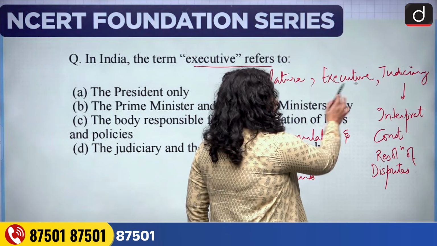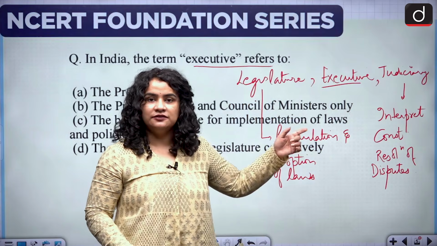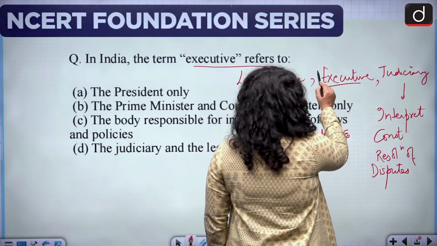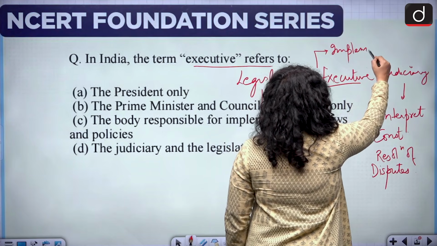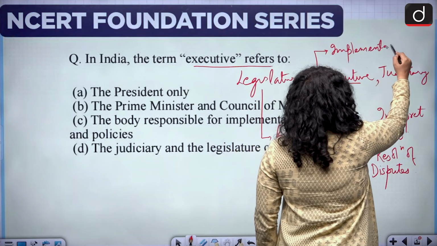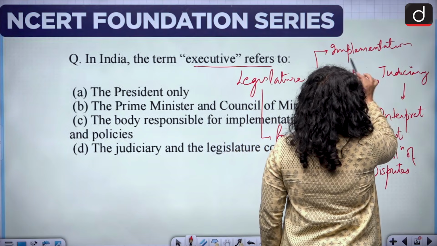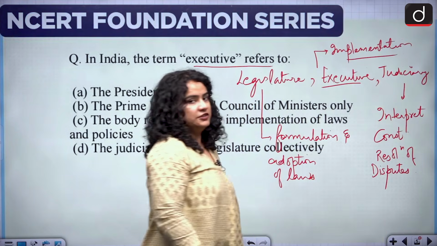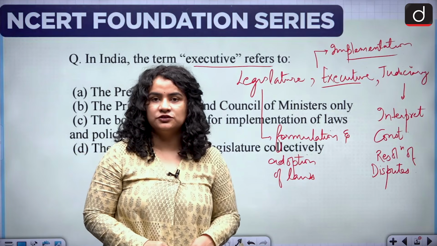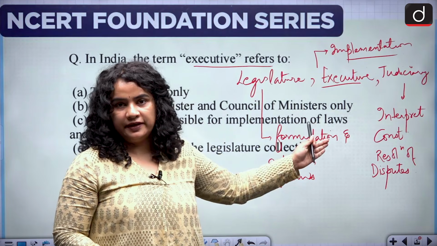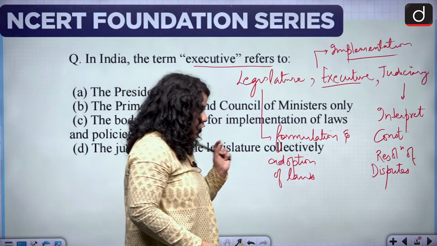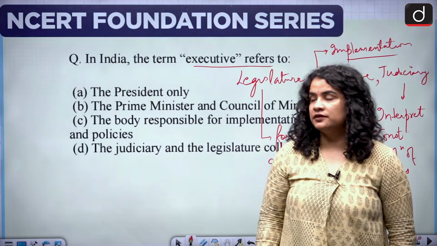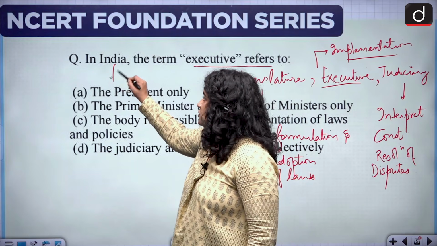What does executive do? Executive has to do with implementation of all those laws and policies that are adopted by the legislature. Now, what constitutes the executive? Of course, the heads of the government.